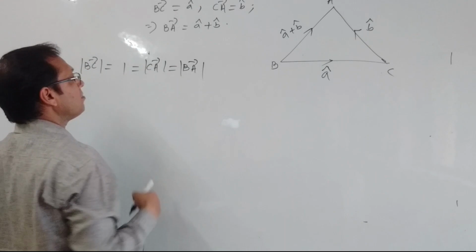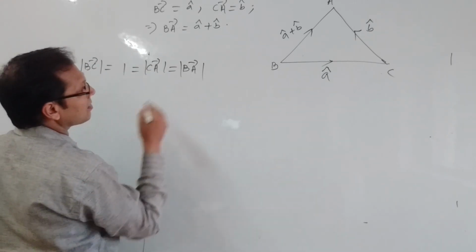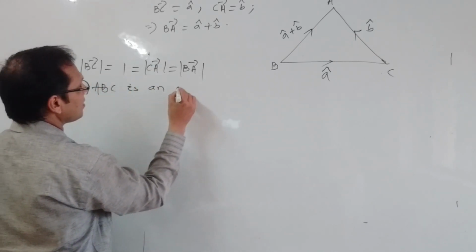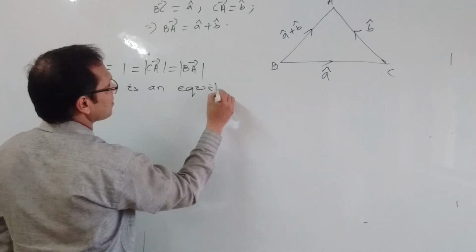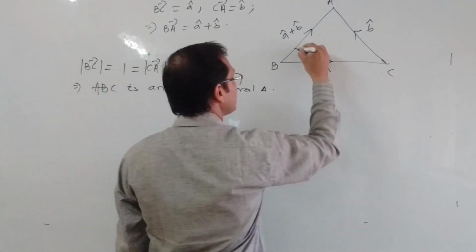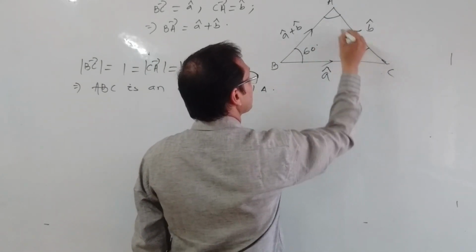They are all unit vectors. That means their magnitude is equal to 1. That implies ABC is an equilateral triangle, isn't it? Equilateral triangle means each of these angles is equal to 60.